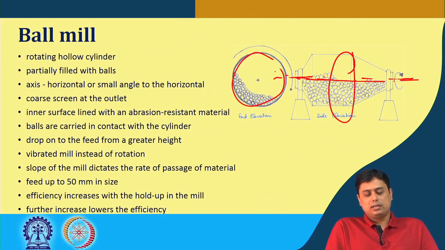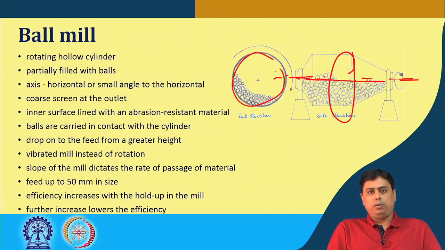Sometimes this mill is vibrated instead of rotated. So, instead of the rotating ball mill, nowadays there are some popular applications of such a mill containing the balls inside in a vibrating motion.